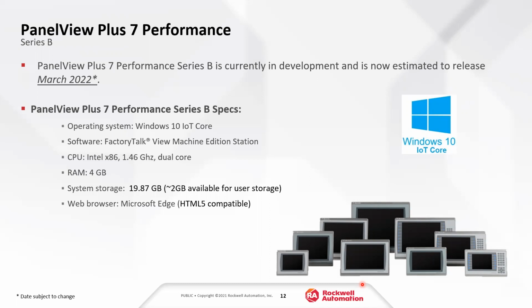Intel x86 dual core, 4 gig of RAM on board, and approximately 2 gigabytes of available user storage space, and running Microsoft Edge for HTML5 compatibility on the web browser. So the previous Windows CE version, of course, had Internet Explorer running if you had to pull up the browser on that panel for an application.